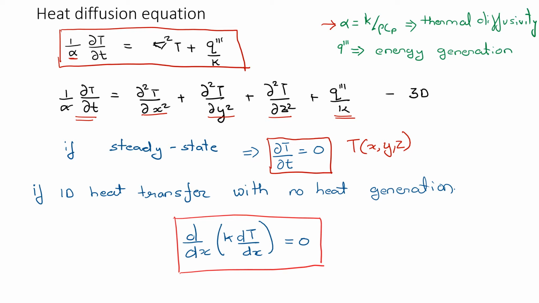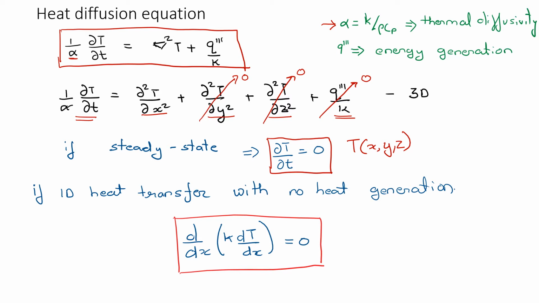But what if we have heat transfer in 1 dimension and there is no heat generation term? In that case, our terms with respect to y and z will be 0, because the heat is not being transferred in the y and z directions, and there is no heat generation term, so that term goes to 0 as well.